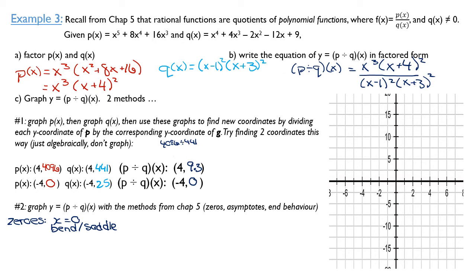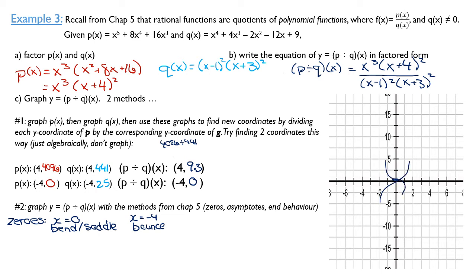I also have another 0 at x equals -4. That one's got a power of 2. The order of that factor is 2. So this one's going to be a bounce. So I'm just going to put the dots on for now. So I've got a bend here. Now the bend, again, I don't know yet if my bend is going up this way or if it's coming this way.